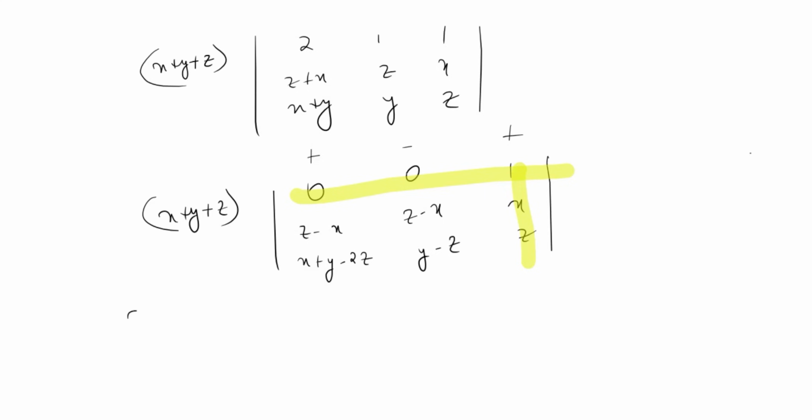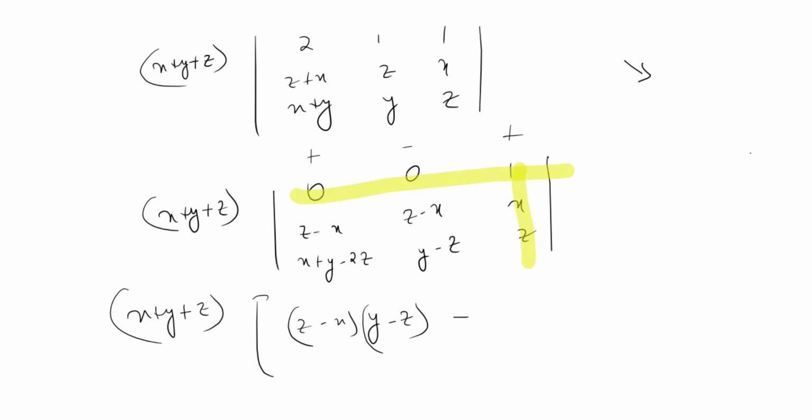Then this will be x plus y plus z. After that, the multiplication is z minus x times y minus z, minus, because the formula is the crisscross method, now this is z minus x again times x plus y minus 2z.